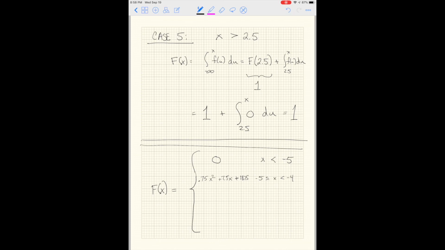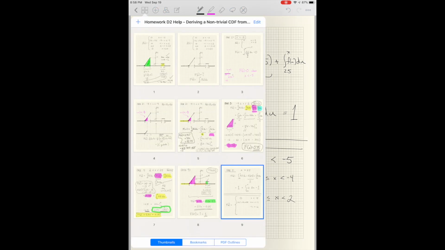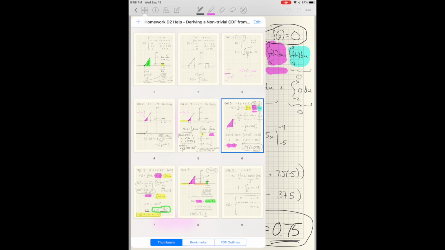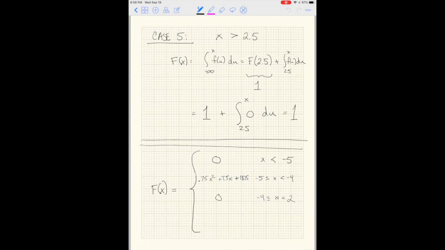And then I say, well, what is it between -4 and 2? Well, if I go back and I look at case 3, it's just equal to a solid 0.75. So I'll go and write in 0.75. And then from 2 to 2.5, I look back at that formula.